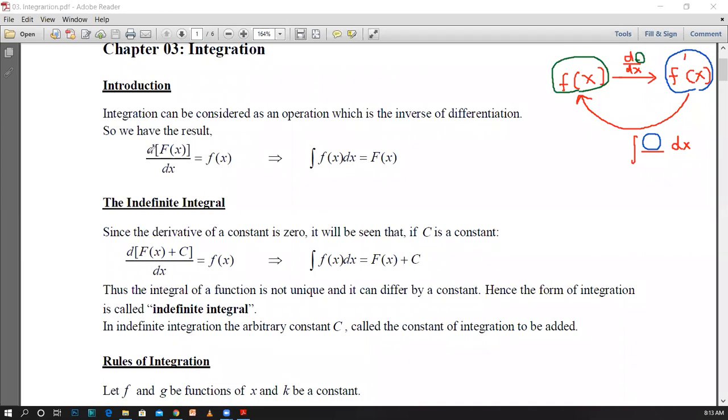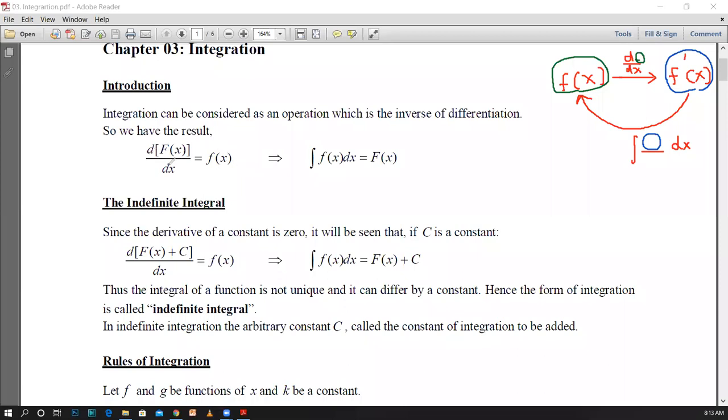If you go through this equation, you can see that if you are given the uppercase function F(x), and you differentiate this function F(x) with respect to x, you will obtain f(x), the derived function.